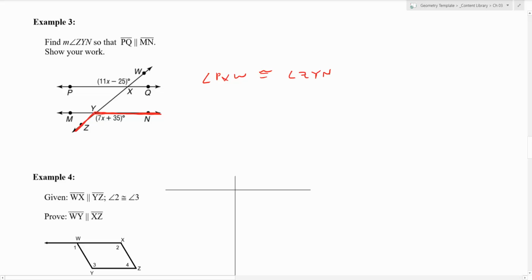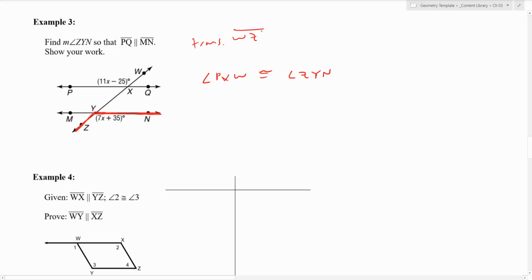Okay? And what kind of angles are those? Alternate exterior angles. Alternate because they lie on opposite sides of the transversal. So the transversal in this case, let's call it WZ.